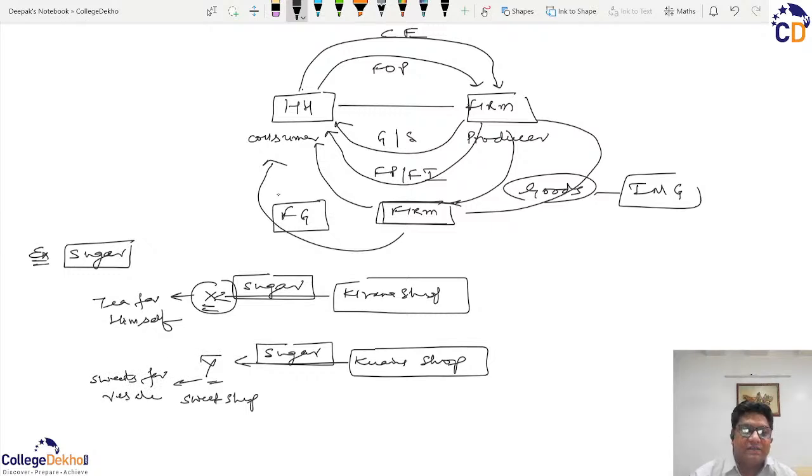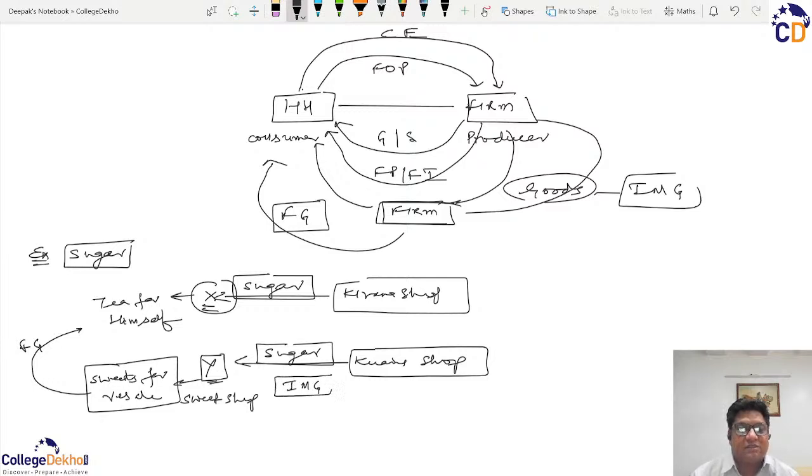So this Y is acting as another firm because he will buy the sugar, use it in the sweets, and then sell it to the consumer. So in a way, the value of the sugar will be added in the value of the sweets, and hence these sweets when sold to the consumer will become the final good. So in this case, this sugar is sold by the firm to the firm, hence it is an intermediate good.